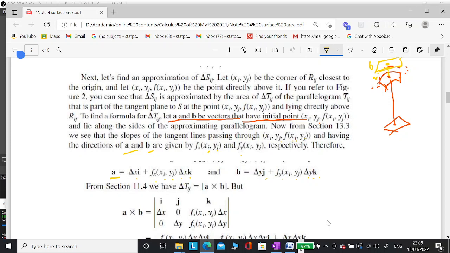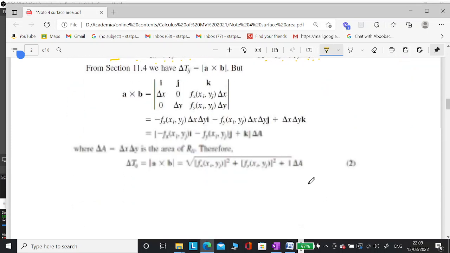So delta Tij is equal to the modulus of a cross b. Now a cross b is given by the determinant of the matrix with rows i, j, k; you know how to find this. Delta a is common, and delta a can be replaced by delta x into delta y, the area of Rij.